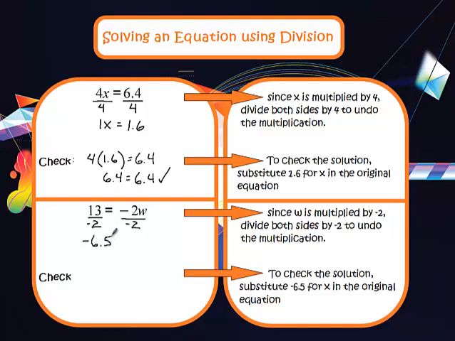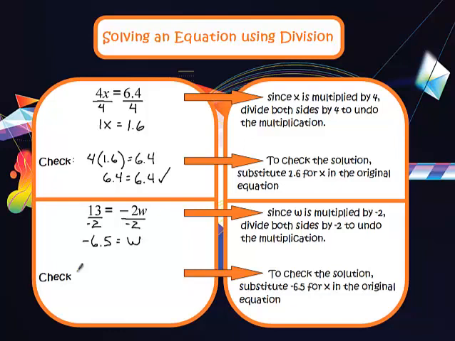Be careful to use the negative sign on your TI-83 calculator, not the subtraction symbol. And over here, just like earlier, when you divide by the same number, so negative 2 divided by negative 2, that ends up being 1. So 1w, or just w. Negative 6.5 equals w.